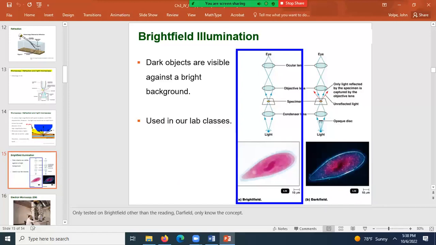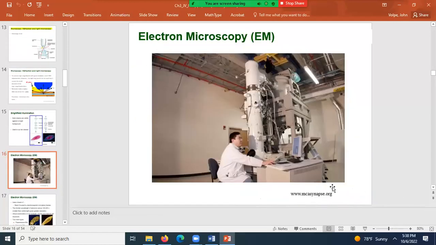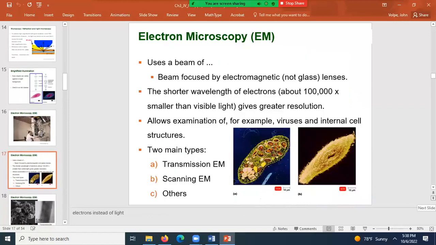All right. Here we're looking at an electron microscope, and it does not use light. It uses a beam of electrons to view specimens. The beam is focused by electromagnetic lenses, so it's not using glass lenses.